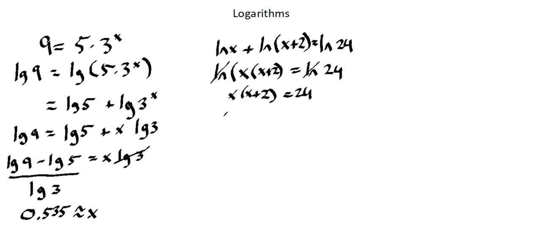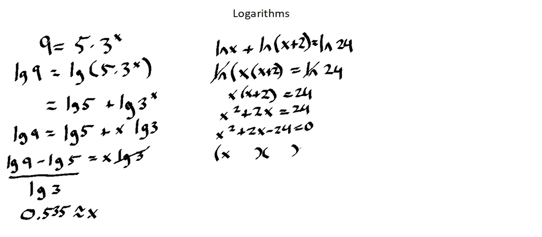On the left side of the equation, I expand: x squared plus 2x equals 24. I will subtract 24 from both sides to create a quadratic equation. X squared plus 2x minus 24 equals 0. I'll factor into two terms, which I can do using manual factoring.